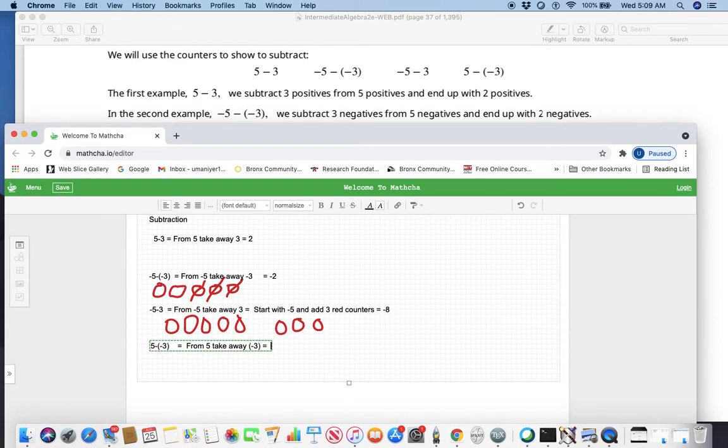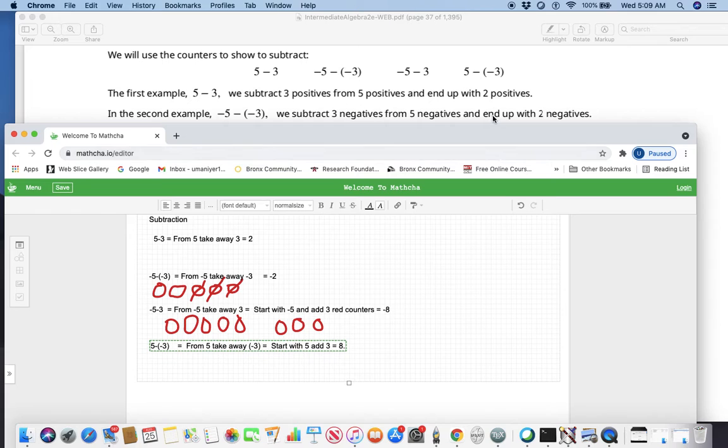So that is same as taking away a negative number. That means negative of negative number. So start with 5, add 3. Taking away negative is like adding positive. So 5 add 3 is 8.